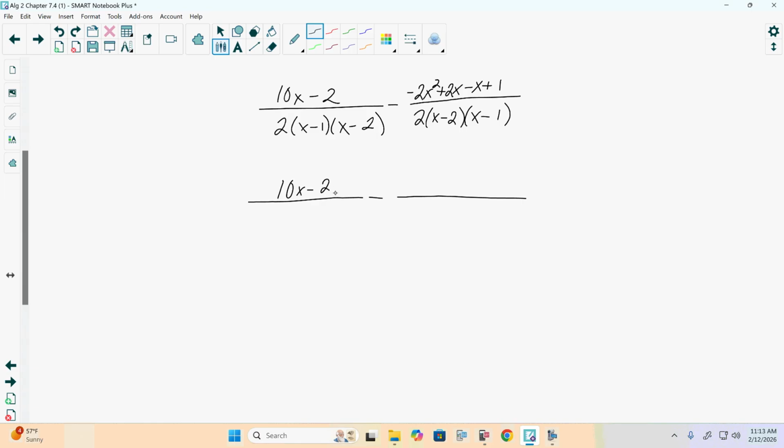Now, before we actually subtract, it'll be helpful to do some simplifying, combining like terms on top and bottom. Because we do have negative 2x squared, but our 2x minus x, 2 minus 1, is just going to give us positive 1x, plus 1.